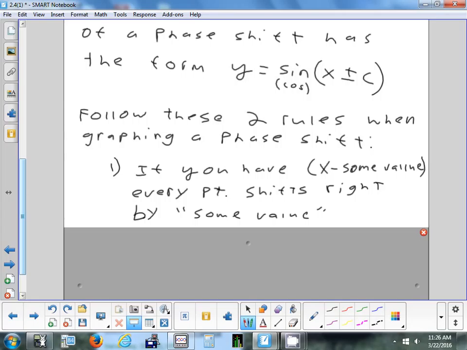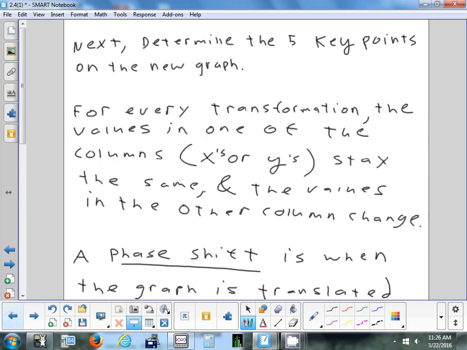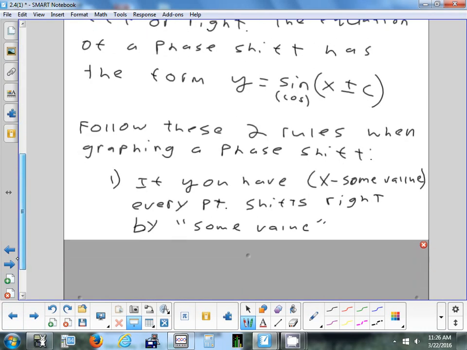If you do x and subtract inside the parentheses, in the example I gave you, I added, so that's a different direction. But if you subtract inside the parentheses, that causes your graph to shift right. So subtracting inside parentheses causes your graph to shift right.